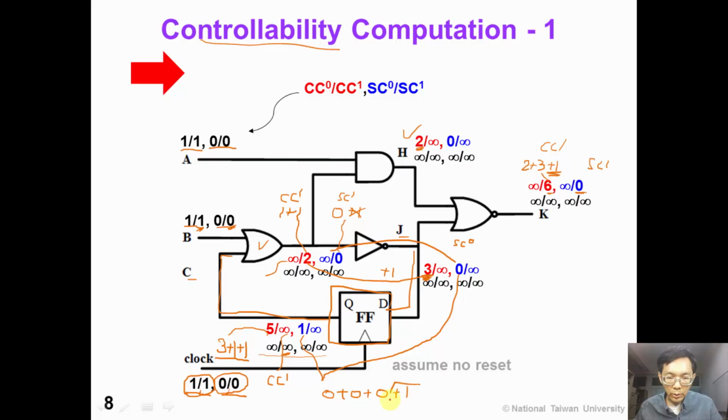Don't forget to add 1 at the end because this is a flip-flop, so we need 1 here. Assume that this flip-flop does not have any reset, so we don't need to worry about reset in this example. In this way, we finish the controllability computation in the first iteration.